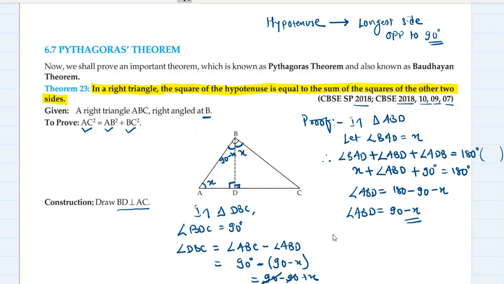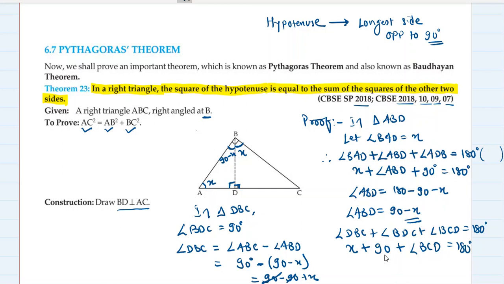So by angle sum property, we can say that angle DBC plus angle BDC plus angle BCD is equal to 180 degrees. What is angle DBC? DBC is x. What is angle BDC? It is 90. What is angle BCD?